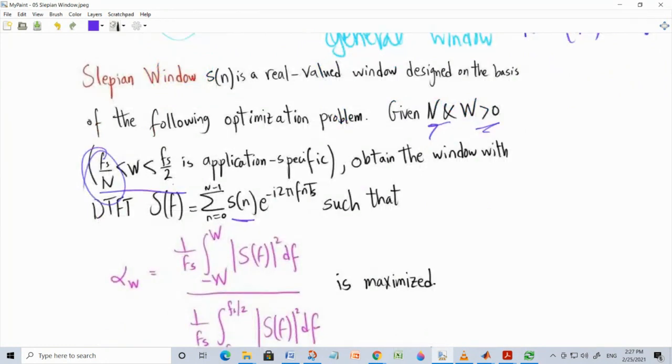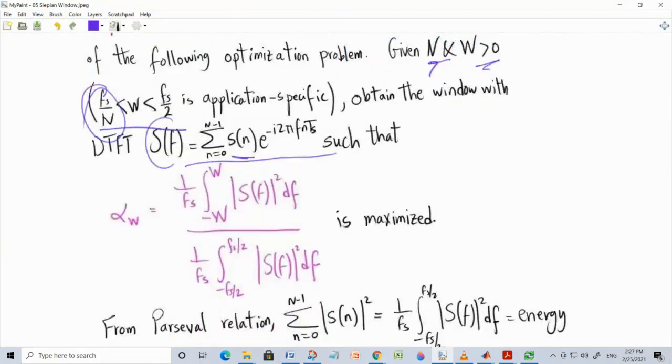Okay, so the window has a DTFT, and what we will do is maximize this ratio. So let's think about this ratio. We have the magnitude squared of S of f, the DTFT of S of n.